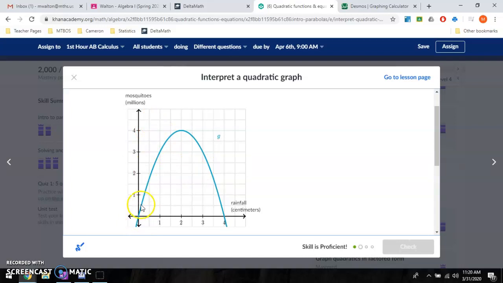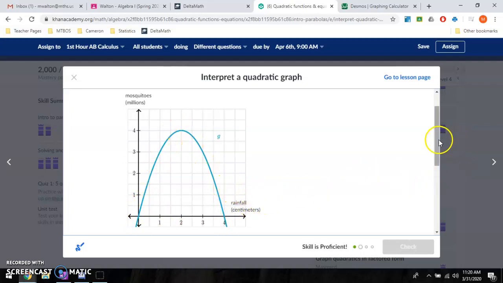And then as it rains, after about 2 centimeters of rainfall, we reach our peak of mosquitoes, 4 million mosquitoes. That is a lot of mosquitoes. But then it is too wet for the mosquitoes. We start decreasing the number of mosquitoes until finally, once it's rained 4 centimeters, there's too much rain for any mosquitoes. So we start at 0 mosquitoes, we go up, and then we go back down.